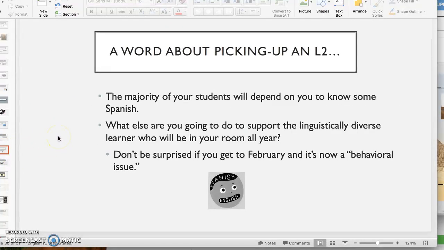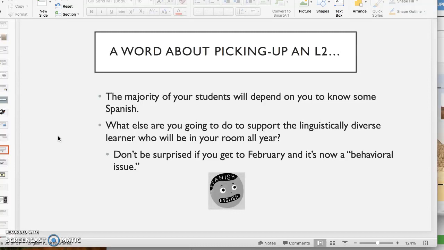And also a word about picking up a second language. We know that all learning occurs through language and it's the biggest tool that you have in your toolbox to help students. If we don't help students think about language and we don't use language resourcefully in the classroom, kids are going to feel rejected, and then we start to see behavioral problems.